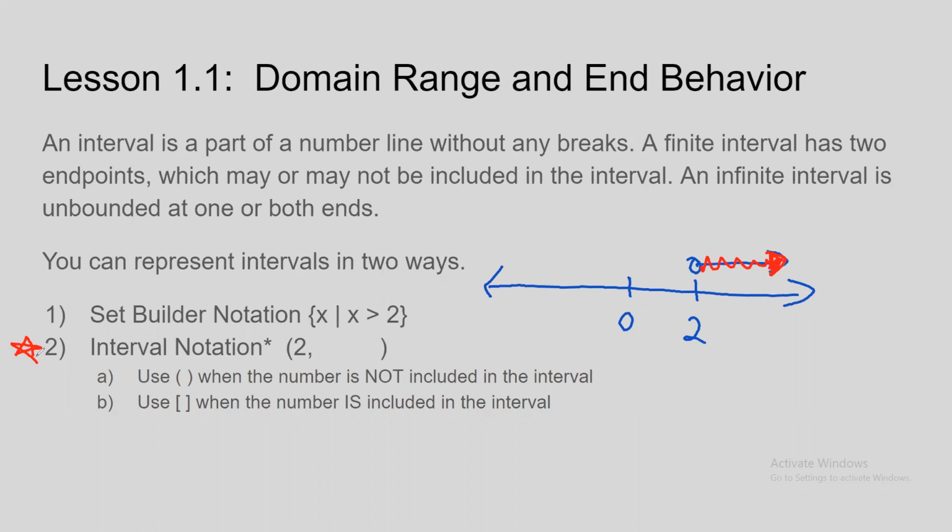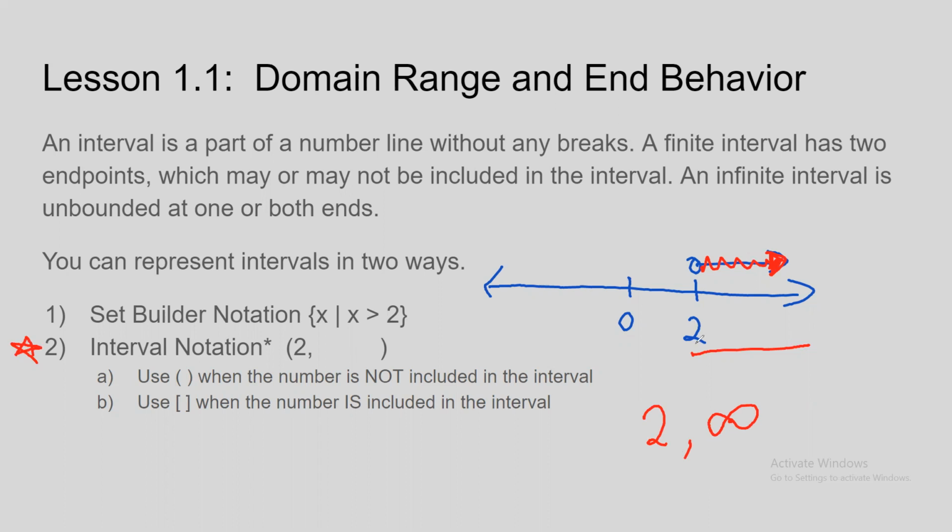There are two values separated by a comma. The left-hand side will represent your lowest value. So if we're talking about anything greater than 2, 2 is the lowest value that it can be. And it goes on forever. Forever means that it's infinity, so it looks like a backwards 8. And that's infinity.